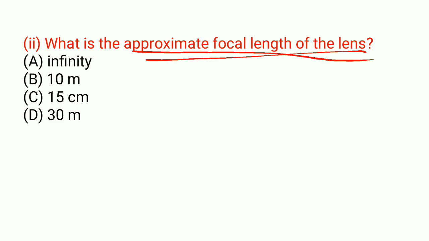Here you can see option A, infinity. It is not the approximate focal length of the lens. 10 centimeter, no, because they have already given 15 centimeter. And option D, 30 centimeter, will not be the approximate focal length. So option C is the correct answer.